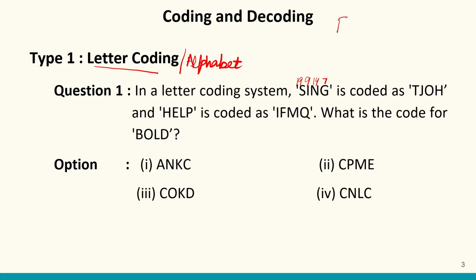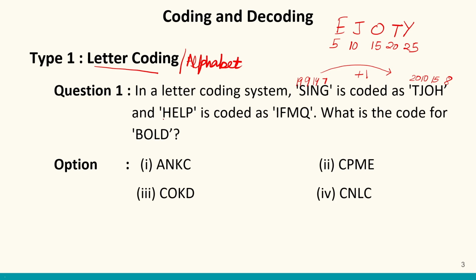There is also a shortcut that we discussed multiple times called EJOTY, which can be used to remember forward ranks. Similarly, for T the forward rank is 20, for J the forward rank is 10, for O the forward rank is 15, and for H the forward rank is 8. So here I can clearly see that we are moving one position forward. Let us check if that is true for HELP as well.